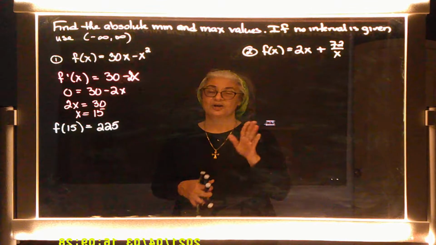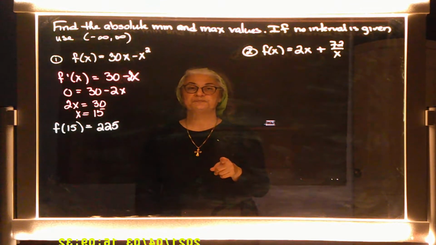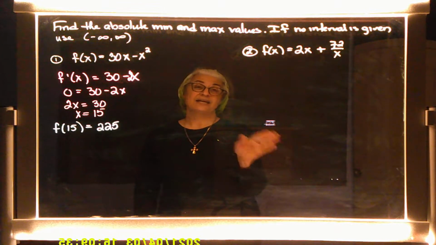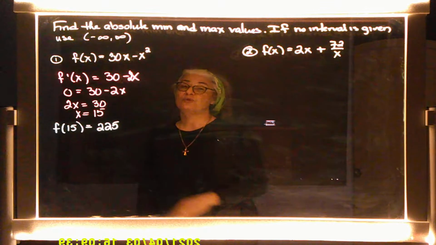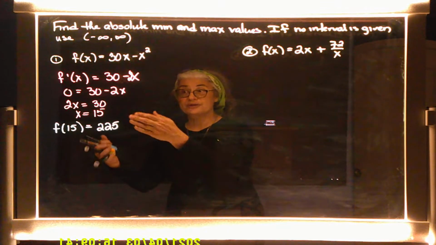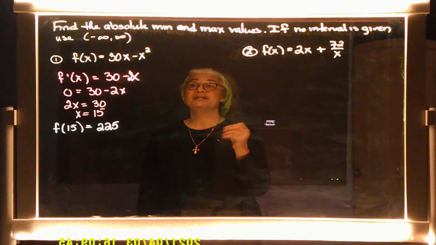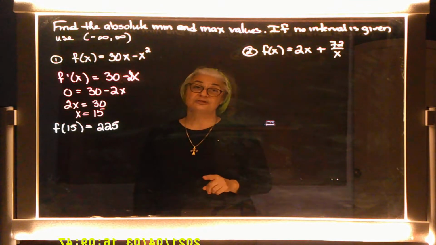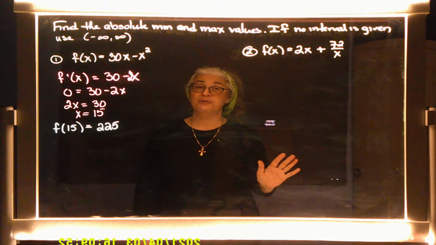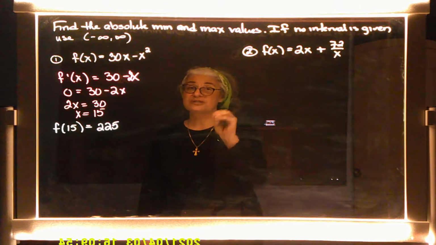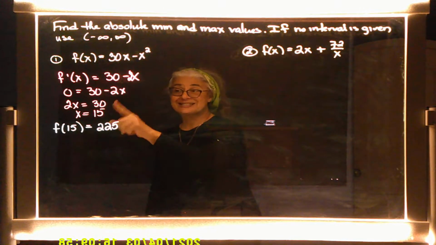Good? Okay. Now, here's the deal. Theorems 8 and 9 both tell me find the critical value, find the y's that go with those critical values, which we did. Now we change a little bit. Because this is not a closed interval, I can't do what I did in the last couple of problems. Because it's not a closed interval, this is all I have to work with, is that 1x.